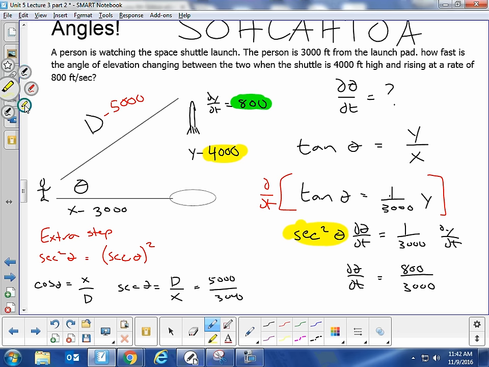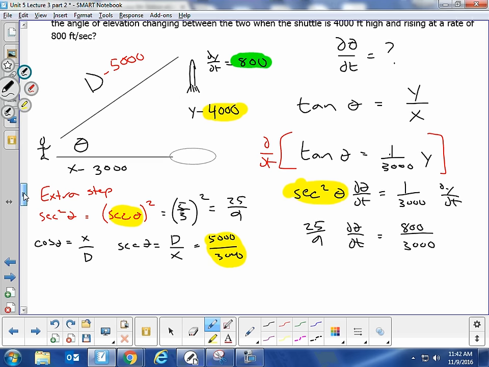I can take what secant of theta is equal to, plug it in and square it, and I get 25/9. That's a piece of cake. And then all of a sudden, instead of worrying about secant squared theta, I just worry about 25/9, and I solve for d theta dt.